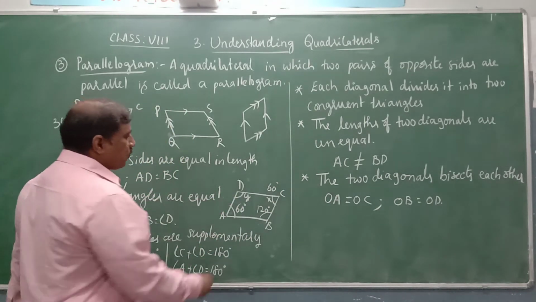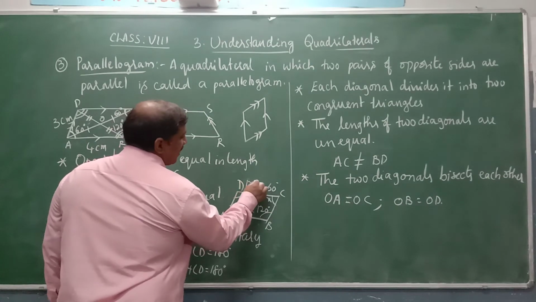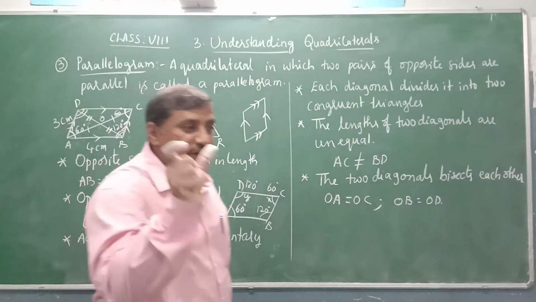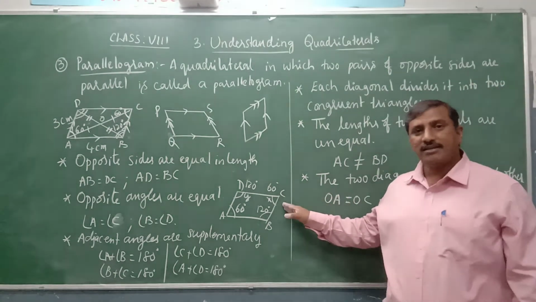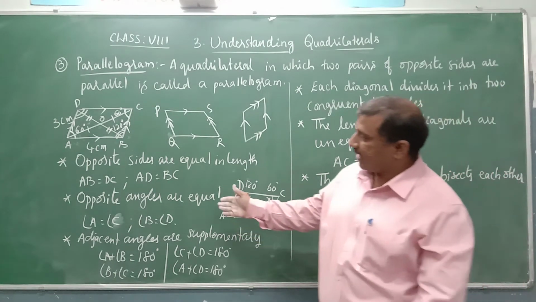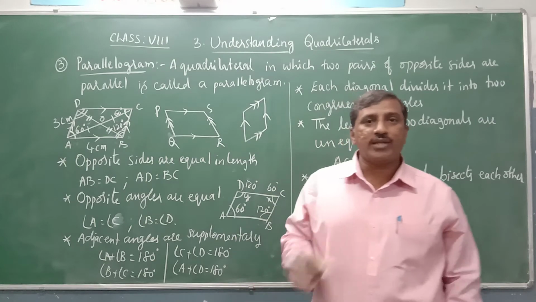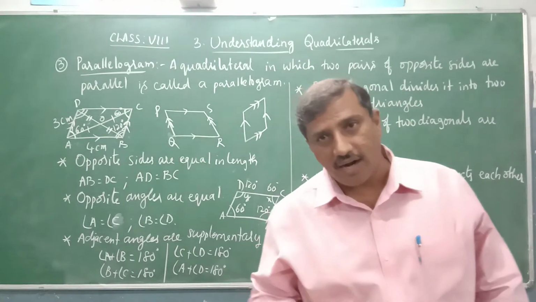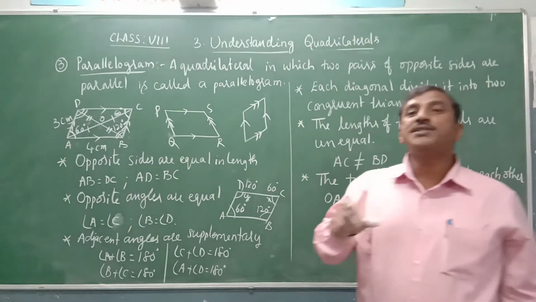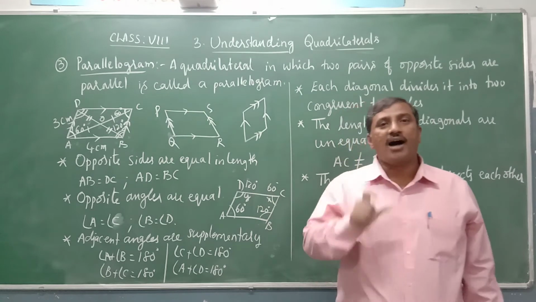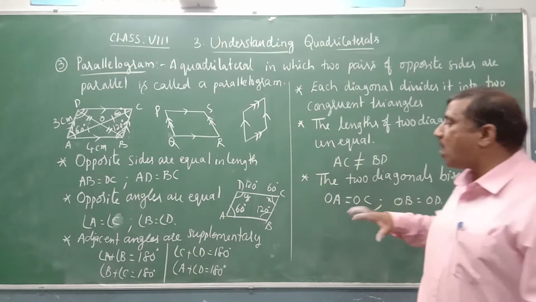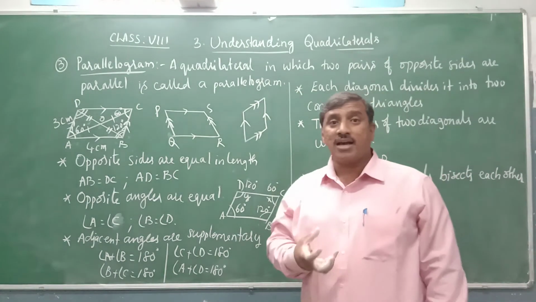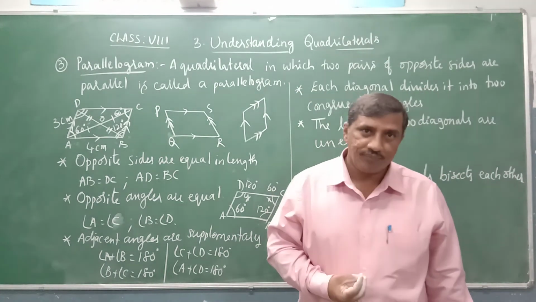So Y is equal to what? 120 degrees. It means if we know any one angle in the parallelogram, we can find the remaining three angles by using these two properties related to the angles of the parallelogram. That is, opposite angles are equal, adjacent angles are supplementary. Is it clear, children? How to find the unknown angles of the parallelogram?